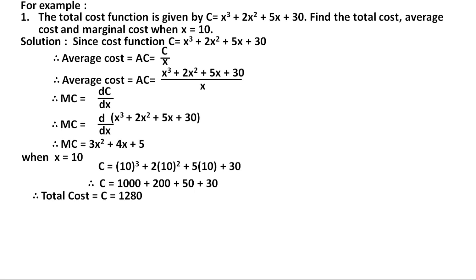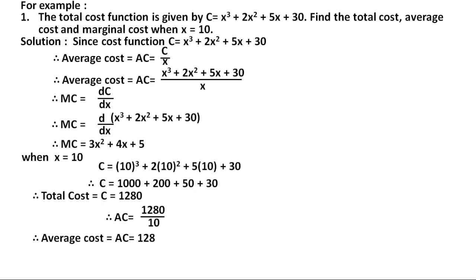Therefore, average cost AC is equal to 1280 divided by 10, which is 128.